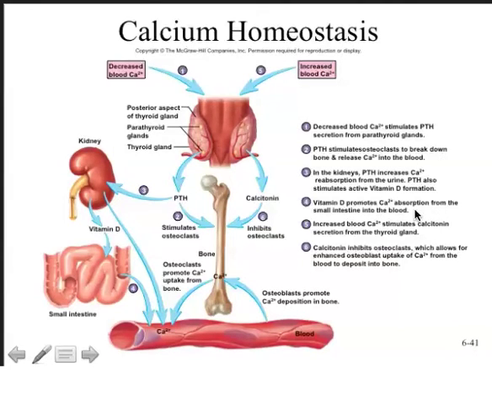That's made by the UV action of the sun's rays on the skin, along with the role of the kidneys and the liver in generating the active component of vitamin D. It promotes calcium absorption from the small intestine and into the blood. Increased blood calcium levels stimulate calcitonin secretion, and that's generated by the thyroid gland.